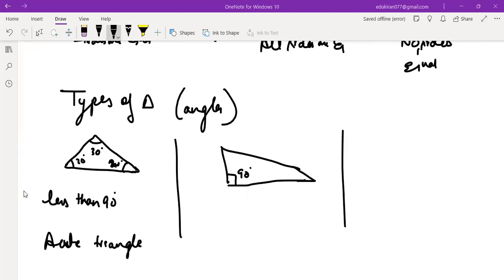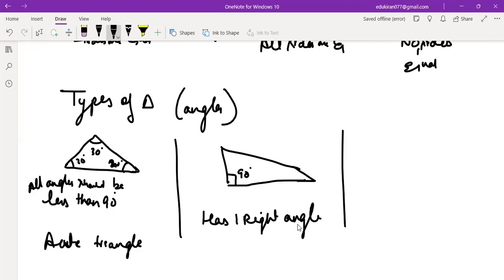Over here, when you write all angles should be less than 90 degrees, and over here, when you mention it, it has one right angle. Clear? A triangle which has one right angle, that is a right angle triangle.